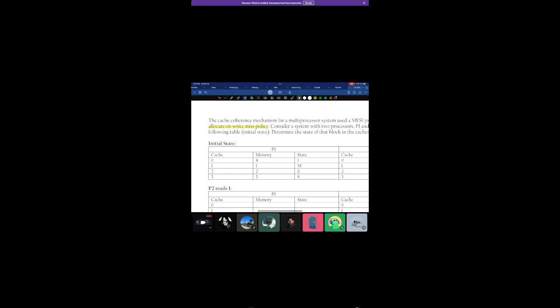Meaning, even if we have a miss or a hit, we're only going to be updating the cache and not the main memory. And you can see that's true because he does not include a main memory table here, because we're not going to be touching the main memory really. Right? And it says determine the state of that block in the caches of both processors after each operation.